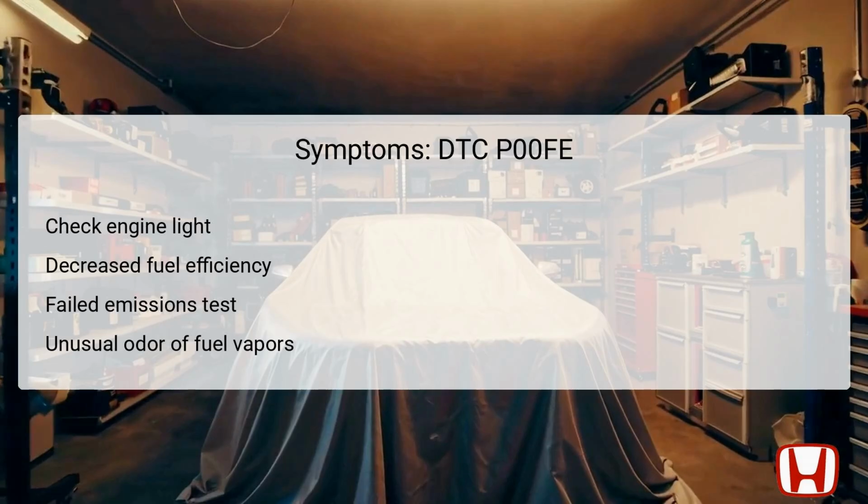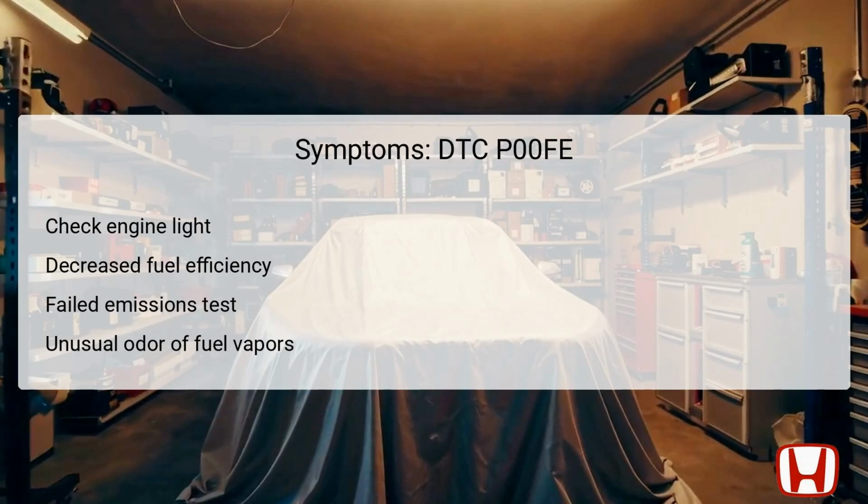When DTC P00FE is triggered, several symptoms may manifest in the vehicle's operation. The most immediate and noticeable is the illumination of the check engine light on the dashboard, alerting the driver to a system issue. Alongside this, drivers may experience a decrease in fuel efficiency, as the blockage may impede the proper venting and recycling of fuel vapors.